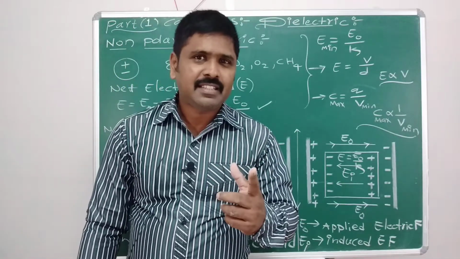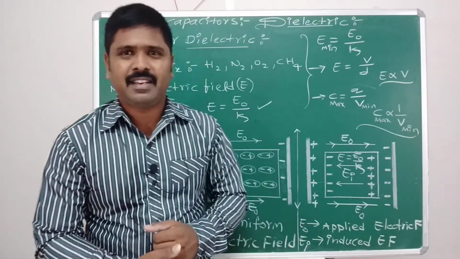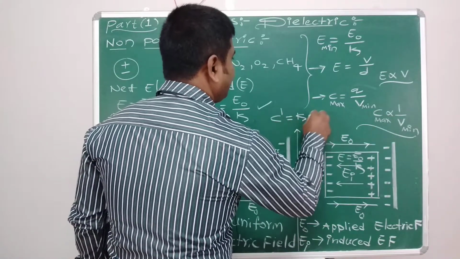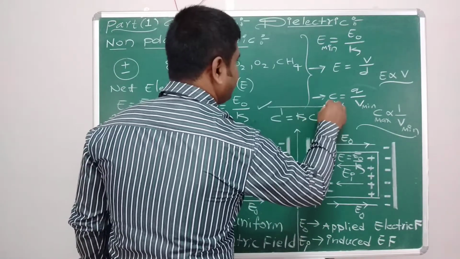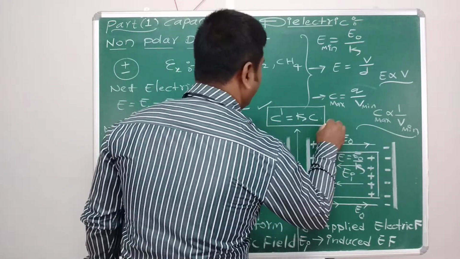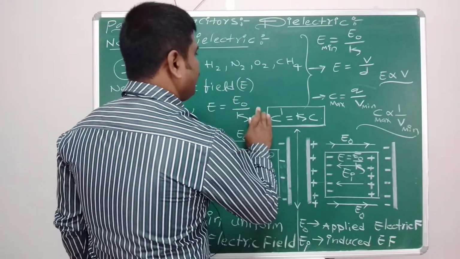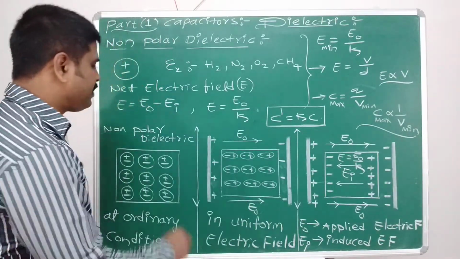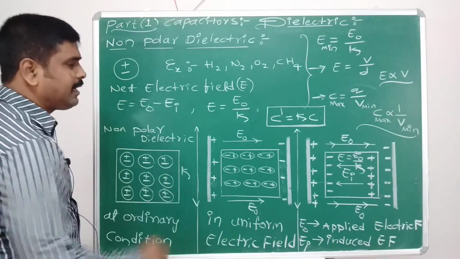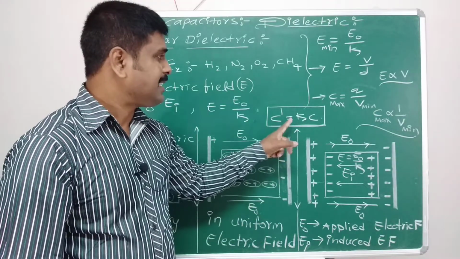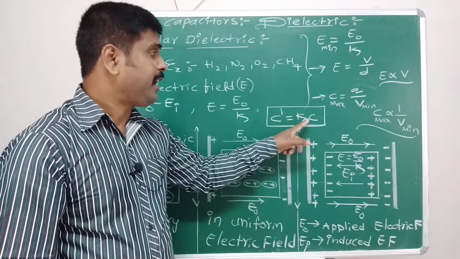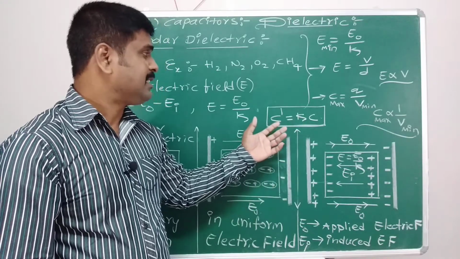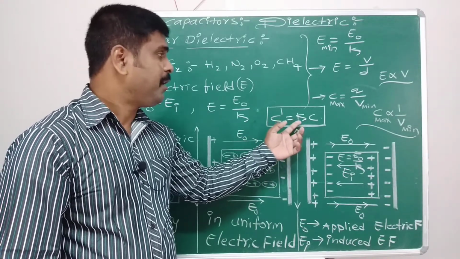Due to the dielectric substance, the capacitance of the capacitor increases: C dash equals KC. What is K here? K is the dielectric constant of the substance. That's why capacitance increases K times. C dash is the capacitance in a medium, the dielectric medium.